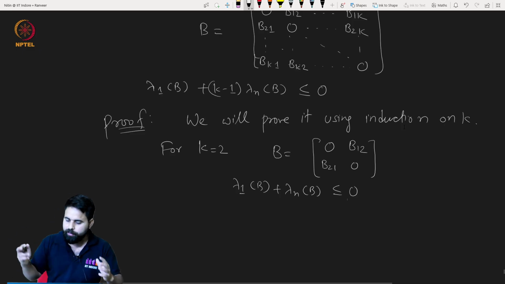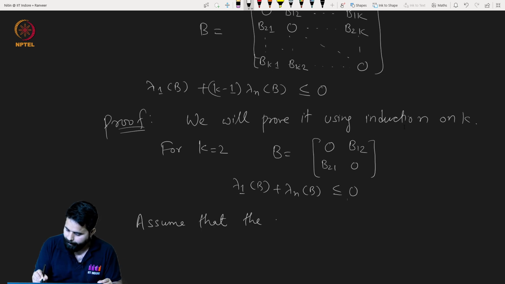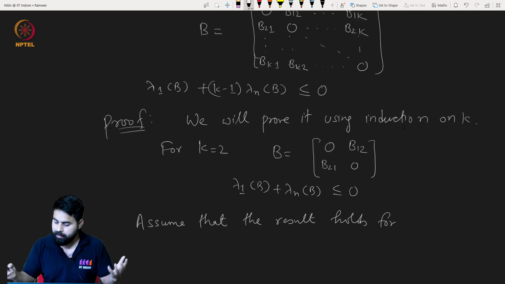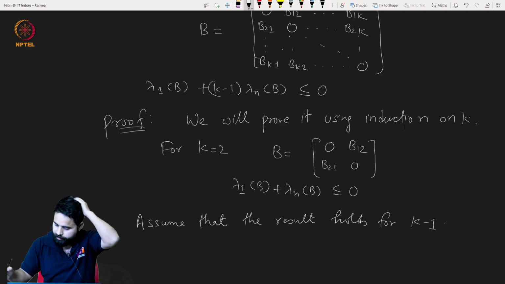Okay, now assume the induction hypothesis, the second step: assume that the result holds for k minus 1, and then we will prove that it also holds for k. Okay, very good.